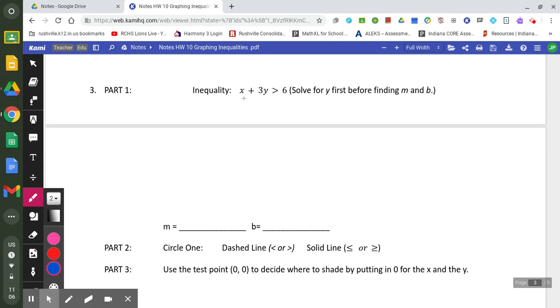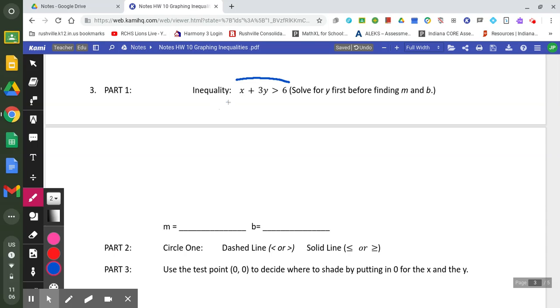Okay, on number 3, my inequality is x plus 3y is greater than 6. Because it's not solved for y, I have to do that first.